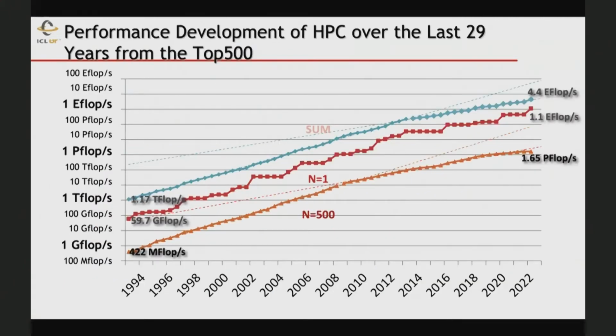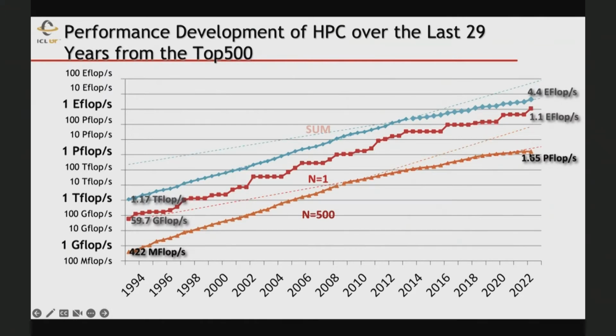And this is a snapshot, if you will, of the top 500 list since it was started back in 1993. The red dots give us an indication of the fastest machine. We see that the fastest computer is at 1.1 exaflops today.